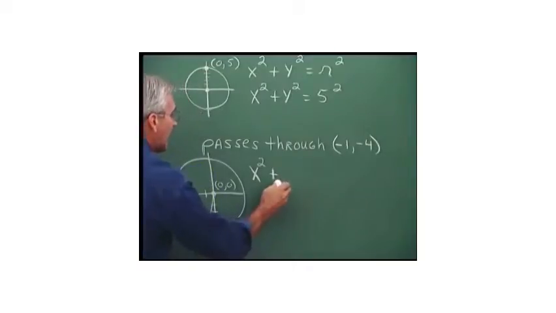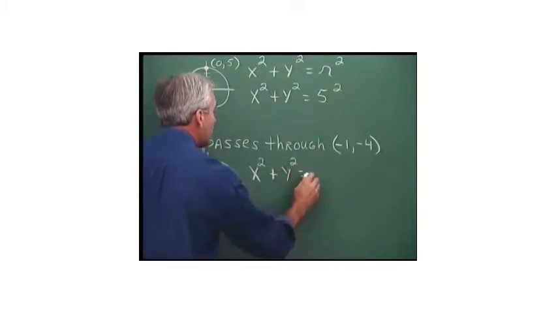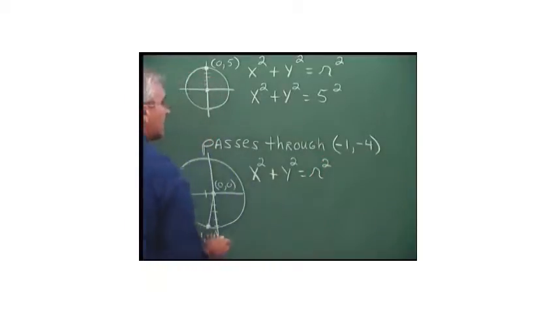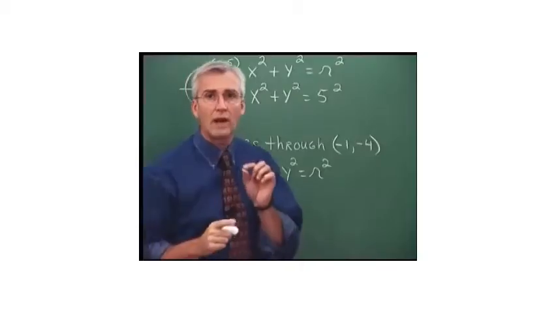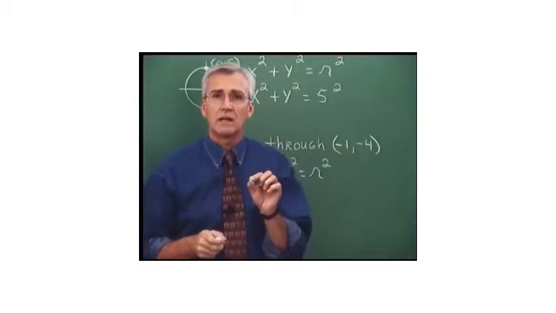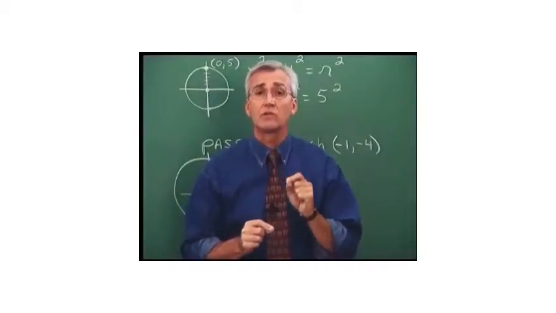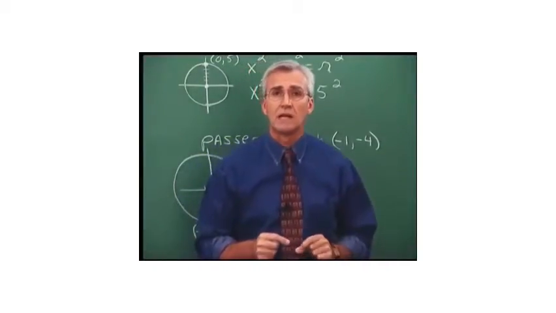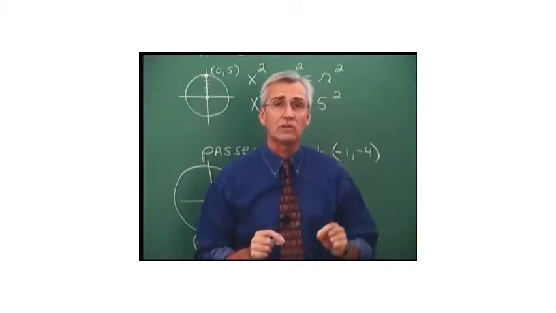Suppose we start with the idea that we're building an equation, x squared plus y squared equals r squared. Now, remember the relationship between equations and their graphs? Every point on the graph associated with an equation has coordinates, and those coordinates make the equation true.